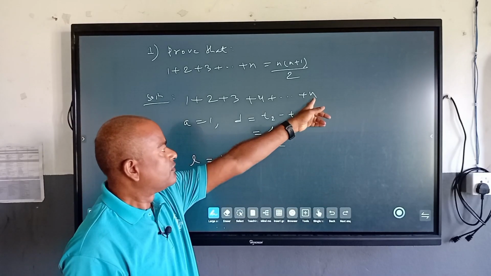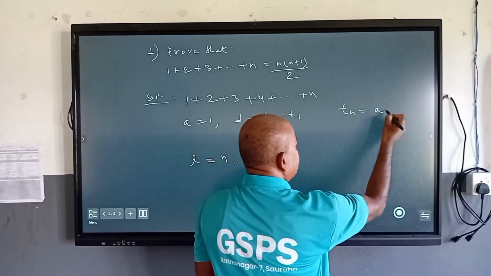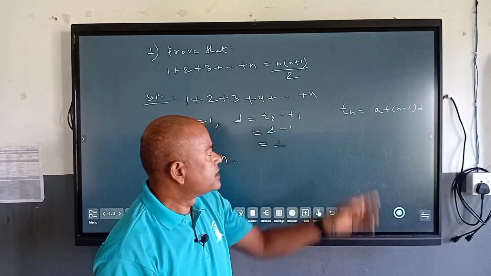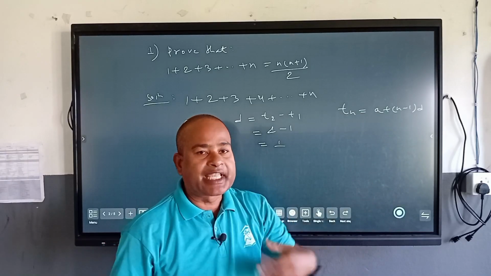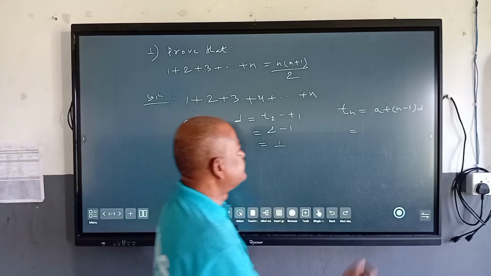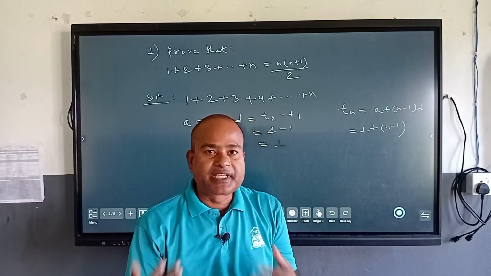which is found by using the formula of the general term of an arithmetic sequence. Dear students, we know the general term of an arithmetic sequence is Tn equals a plus (n minus 1) into d. So here the first term is 1 plus (n minus 1), the common difference is 1.